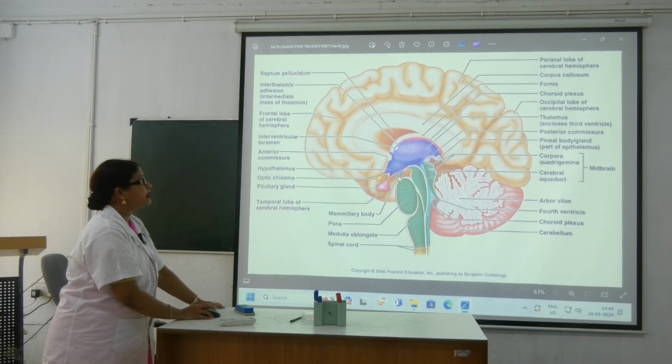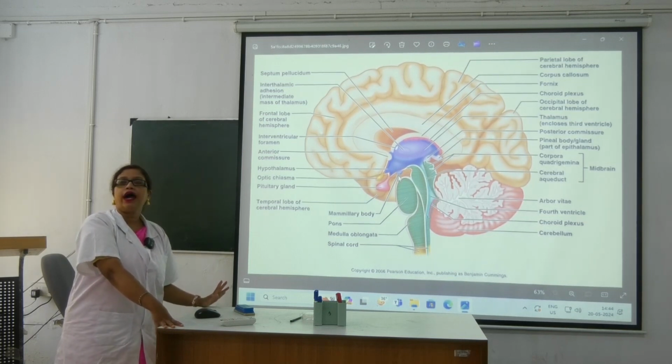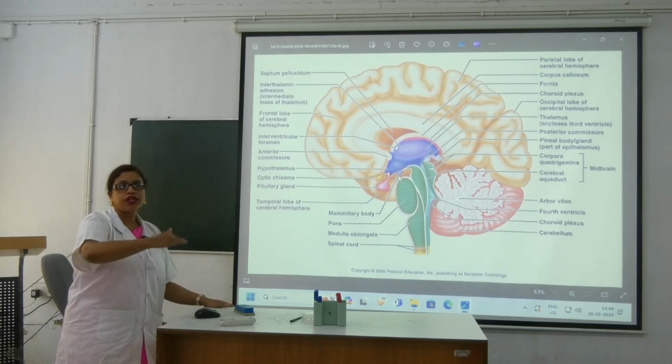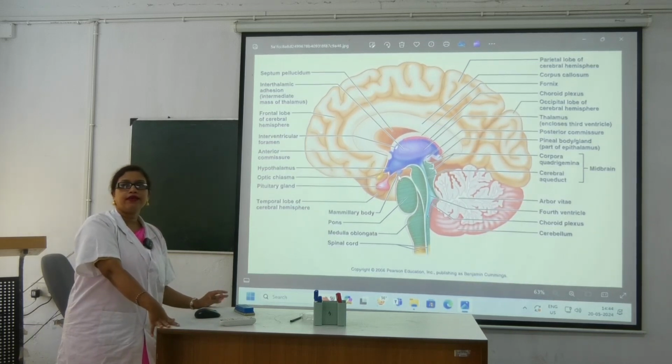Okay, next to that is another structure known as the mammillary body. If you are seeing the cerebrum from the inferior aspect, which structures will you see on the midline?